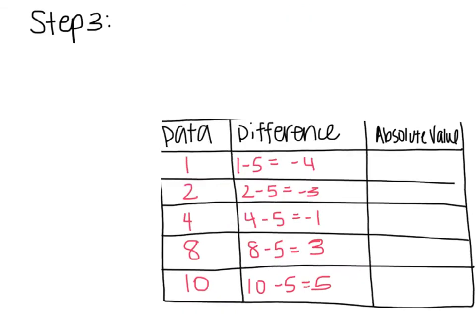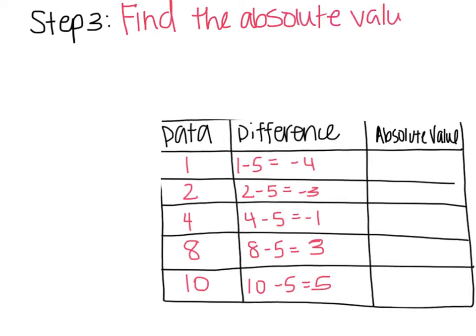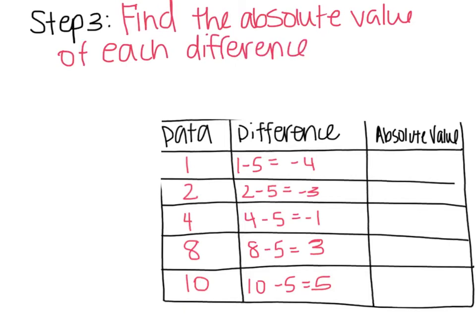Step 3 is to find the absolute value of each difference. And remember, the absolute value is going to be the distance away from 0 a number falls.